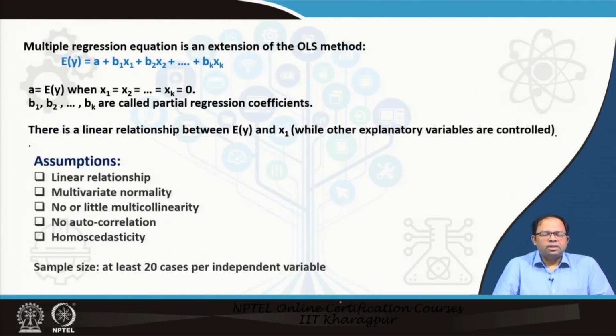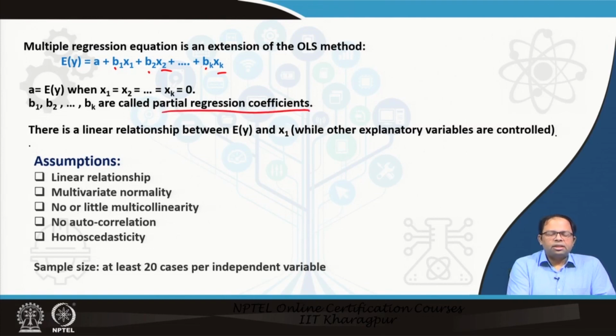The multiple regression equation, as I told you, is just that we add more x's, x1, x2, up to xk, and accordingly our beta coefficients are also added. These are called partial regression coefficients. So, b1, b2, bk are all called partial regression coefficients, and when x1, x2, xk are all 0, then a is equal to E(y).